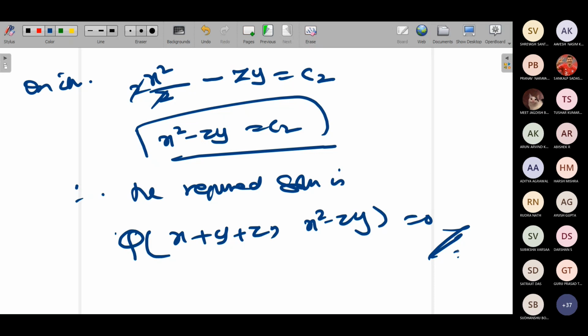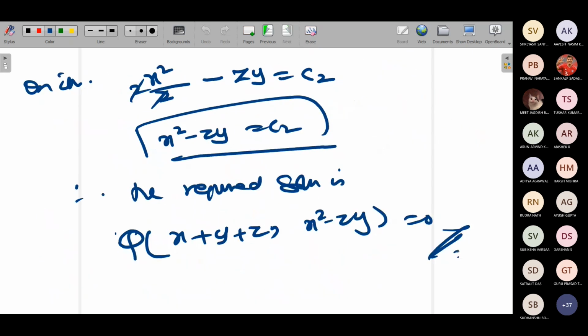So multipliers can be constants, multipliers can be variables, multipliers can be combinations of constants and variables. Anything it can be. But you have to choose in such a way that the denominator becomes 0 when you add with whatever your subsidiary equation is. So in this problem, I have chosen 2 multipliers.